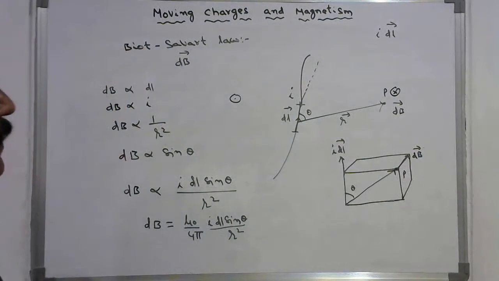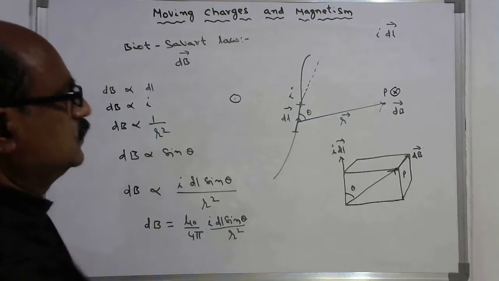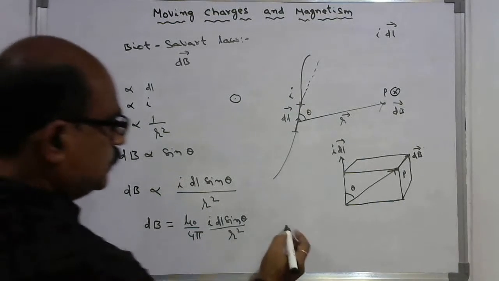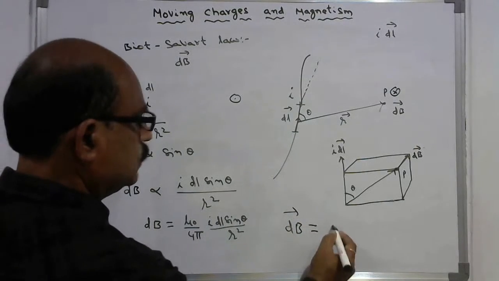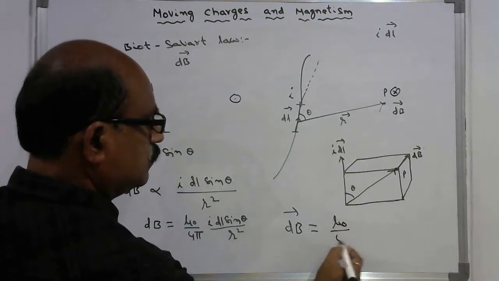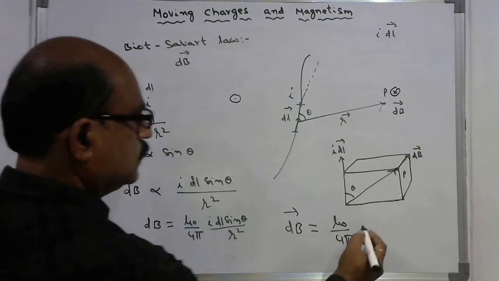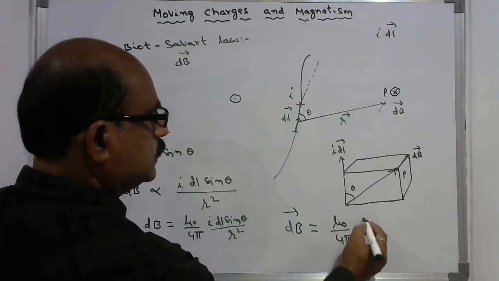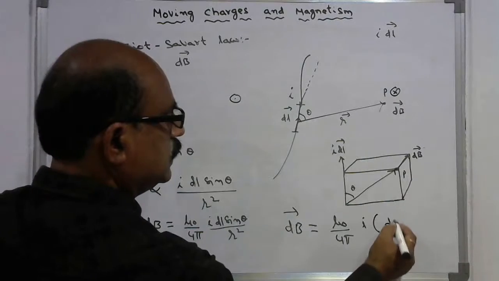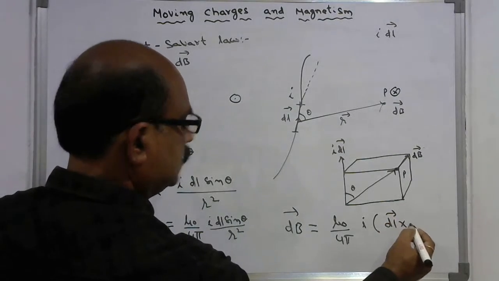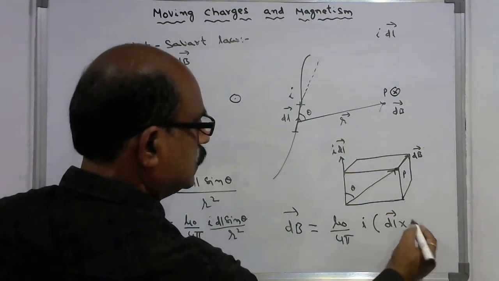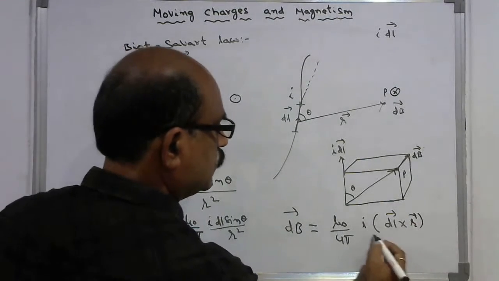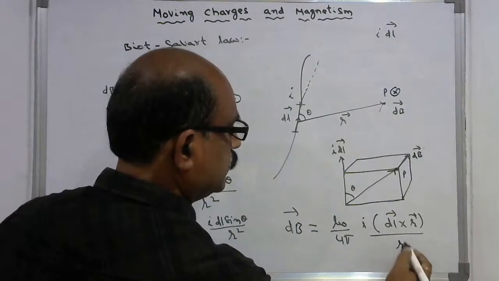So we can also represent it in vector form: dB bar is equal to mu naught by 4 pi, I dl cross r, whole by r cube.